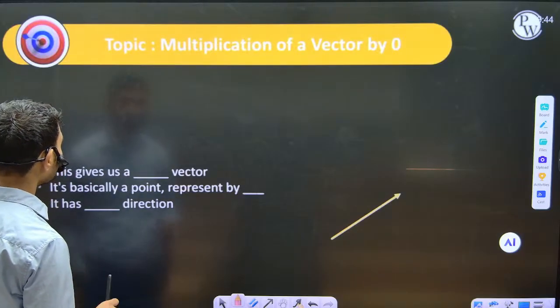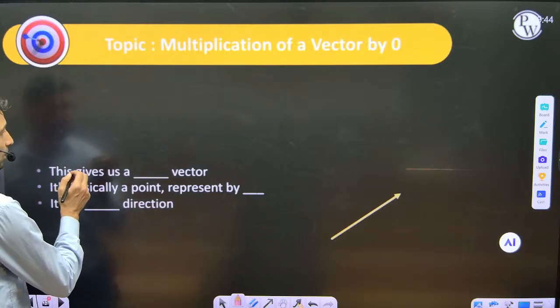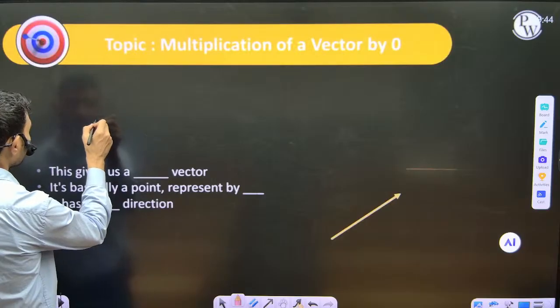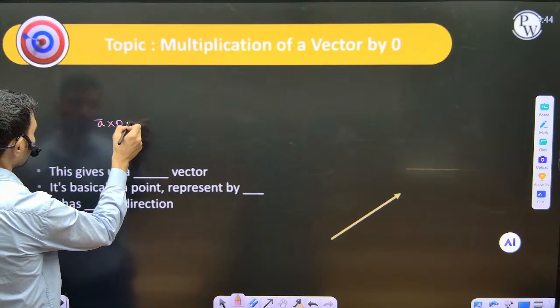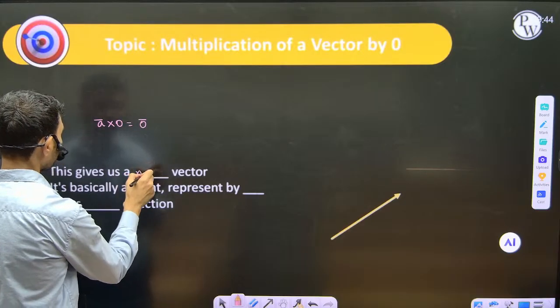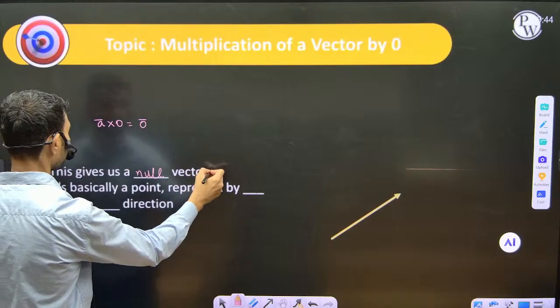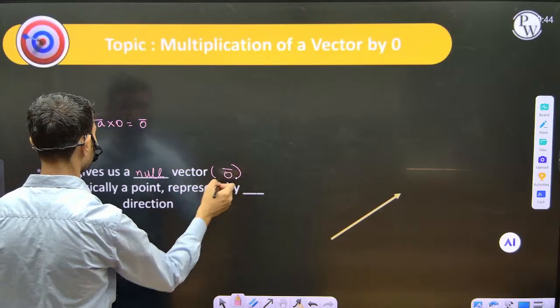Next, multiplication of a vector by 0. When you multiply a vector with 0, what you get is something called a null vector, right? It's represented by 0 with a bar.